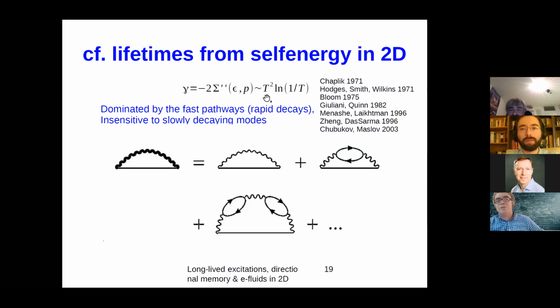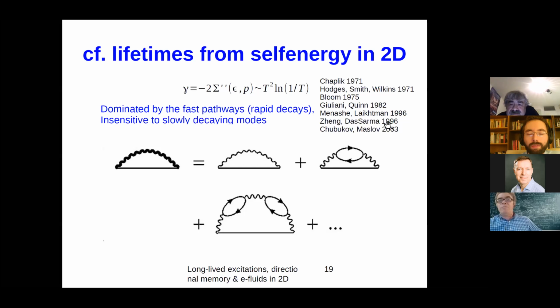In 3D you find T-squared; in 2 dimensions you find that it's log enhanced. So these people discovered that there is a log enhancement of the quasi-particle decay rate.